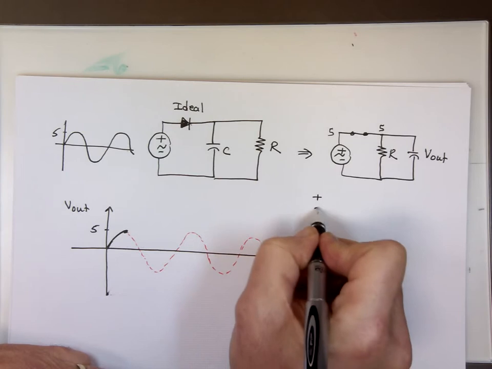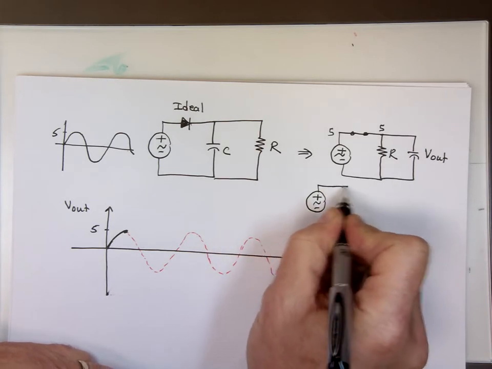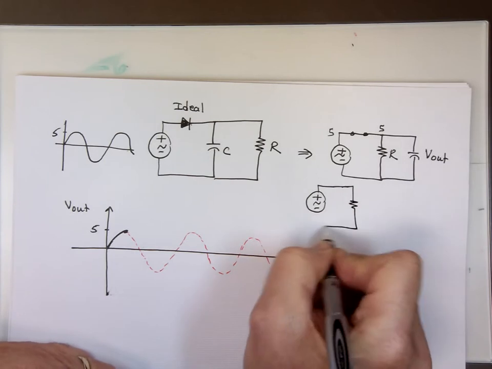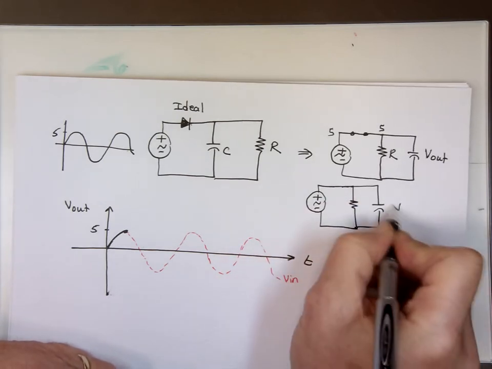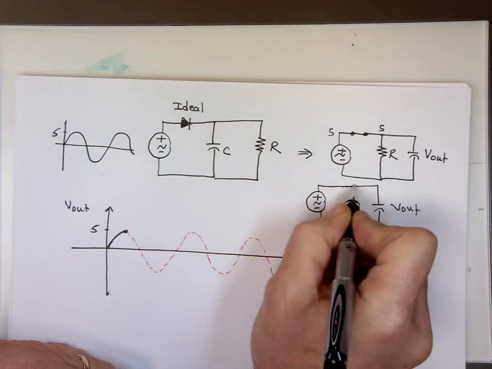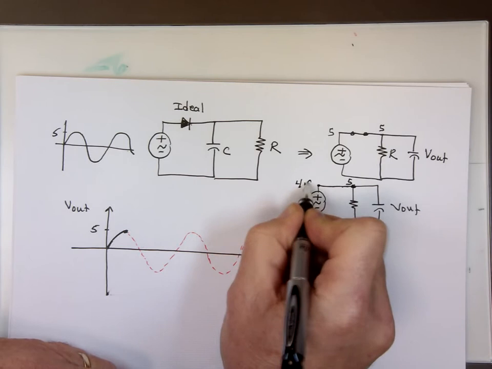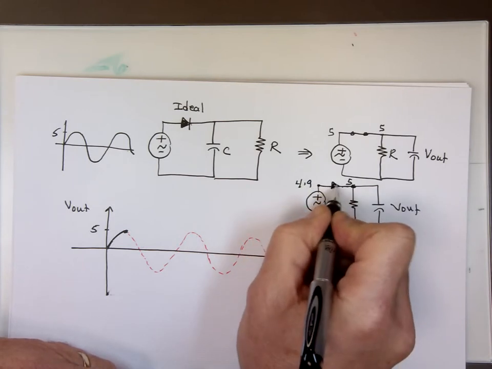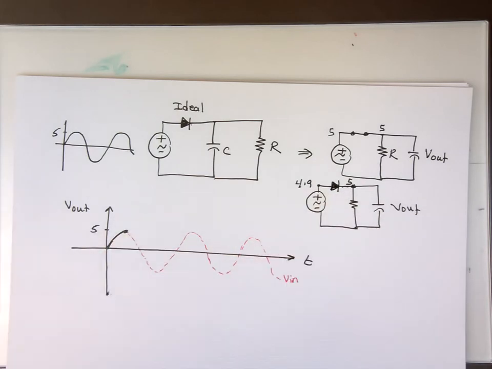Let's see what will happen. This is now 5 volts. This is 4.9. Well, guess what? This diode now is in reverse bias, which means no current going to go through it.